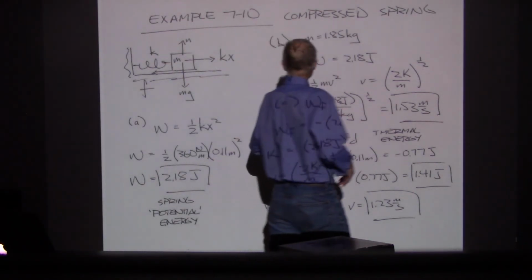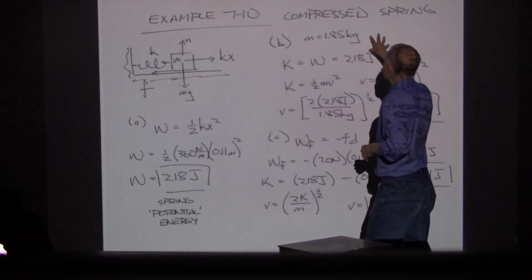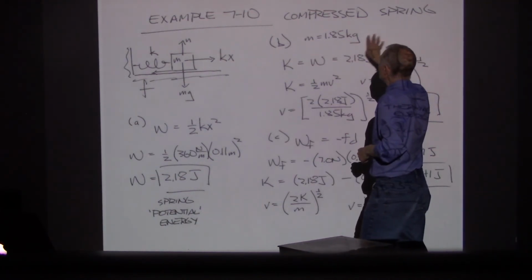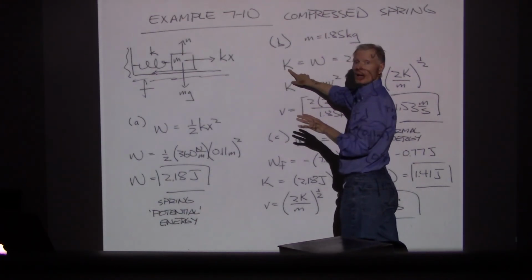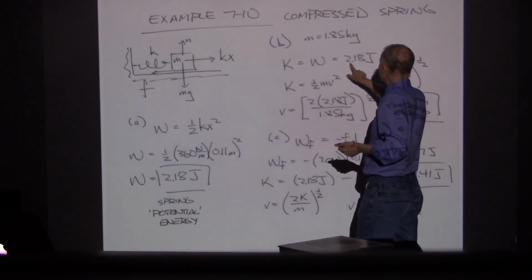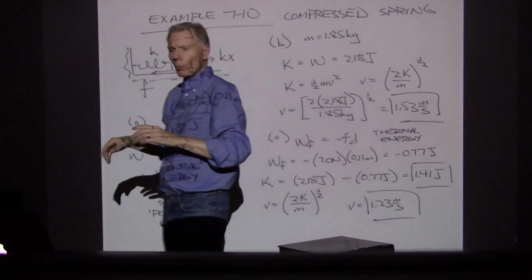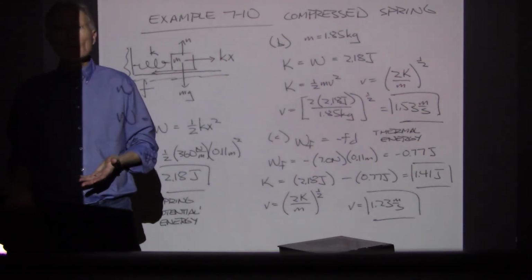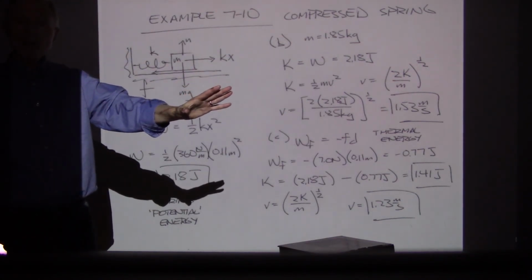Now, the mass of the block is 1.85 kilograms. The kinetic energy that the block acquires will be equal to the work, 2.18 joules. So we've stored energy in the spring. When we release the system, all the energy that we stored is going to go into pushing that block.